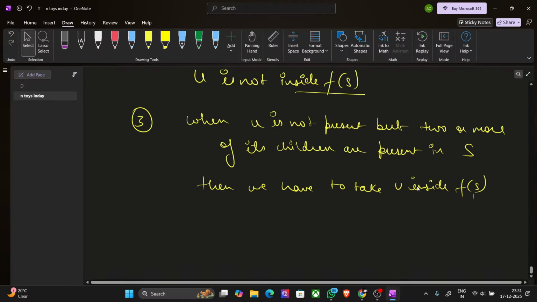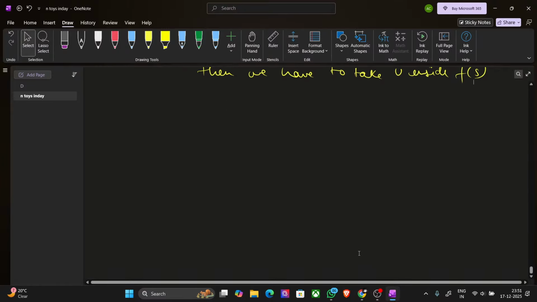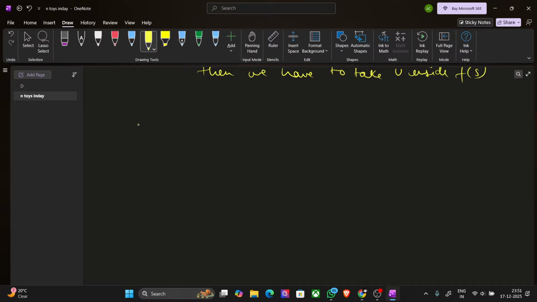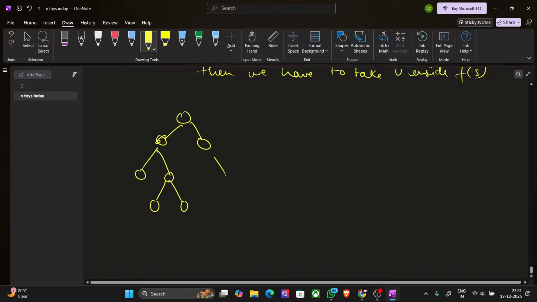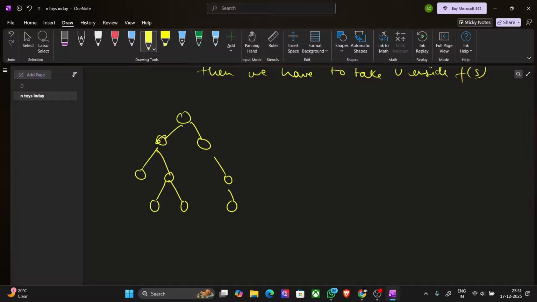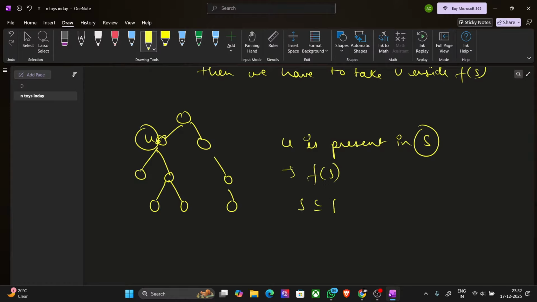This might be typical for you. So if there is a tree like this, okay, so this is a tree, and let's say this is U. If U is present in the set S, then it must be present in FS also, because S is a subset of FS.